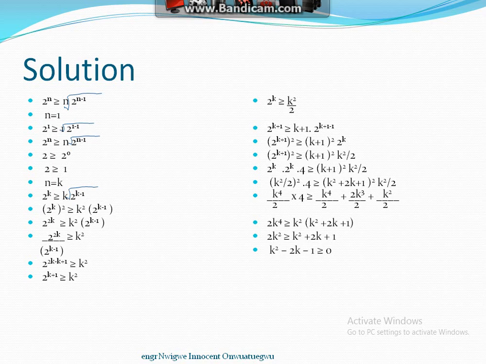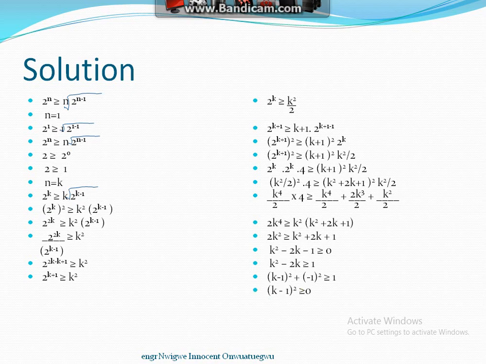If we cross the equality sign, 2k squared crosses the equality sign, we are left with k squared minus 2k minus 1 less than or equal to 0. So k squared minus 2k is less than or equal to 1. Therefore, in bracket k minus 1 squared minus 1 is less than or equal to 1.